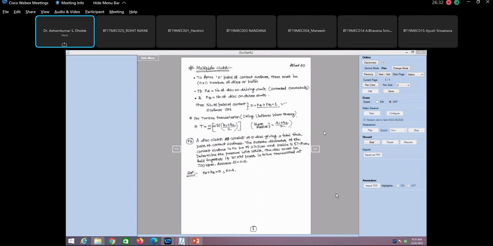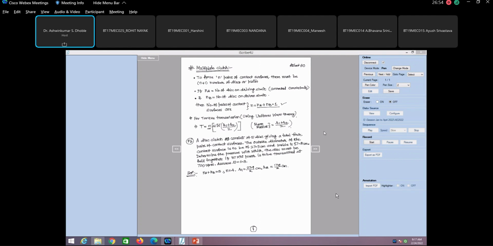The outside diameter of the contact surface is to be, so R1 is equal to 27.9 divided by 2 centimeters, and R2, which is inner diameter, is given as 17.8 divided by 2 centimeters.